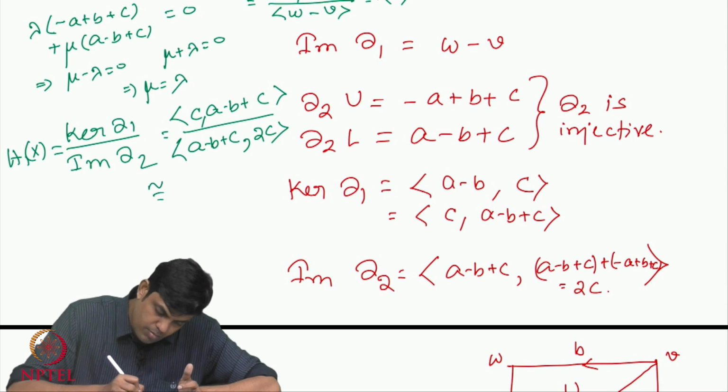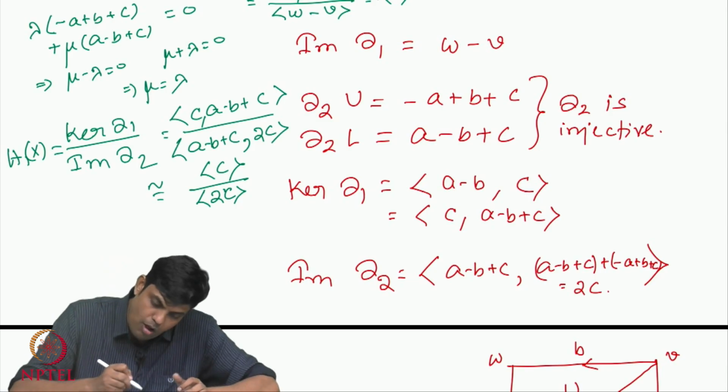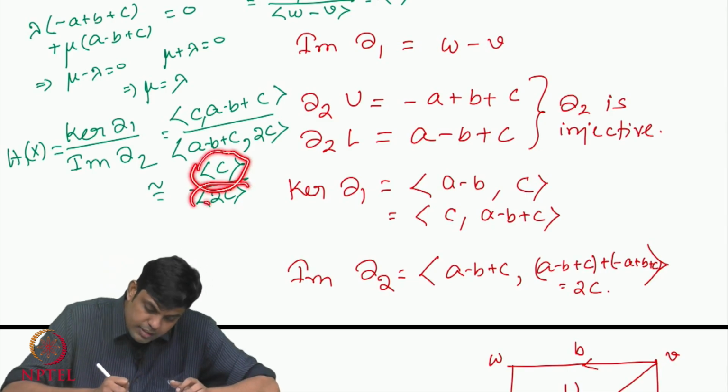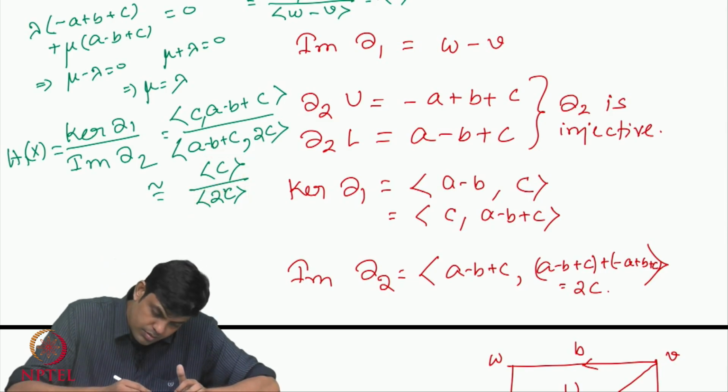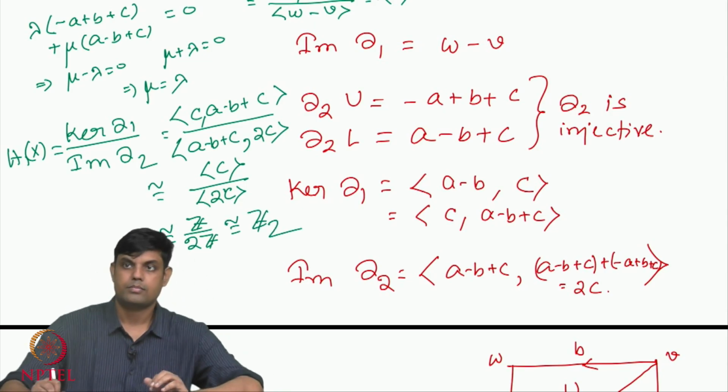So this is isomorphic to the group generated by C, quotiented by 2 of C. This is Z on the top, quotiented by 2Z at the bottom. So therefore this is isomorphic to Z direct sum Z, quotiented by Z direct sum 2Z, which is isomorphic to Z2. Okay.